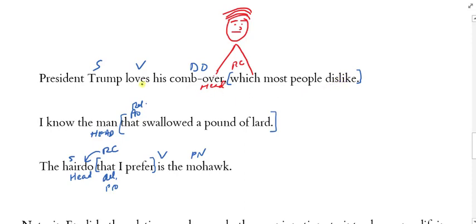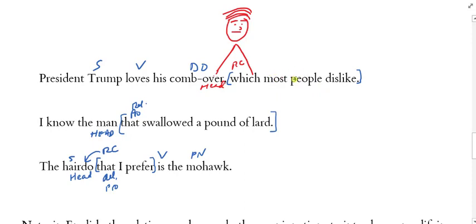What's the subject of loves? It is President Trump. So President Trump is not the subject of dislike, right? The subject of dislike inside the relative clause is most people. My point here is to help you see that whatever the verb is inside the relative clause has its own subject and its own object and maybe its own adjectives, prepositional phrases and other modifiers.